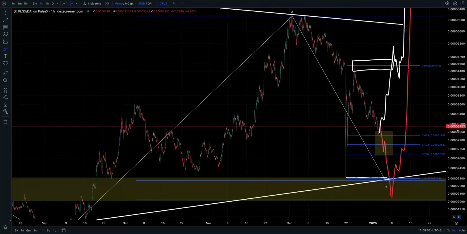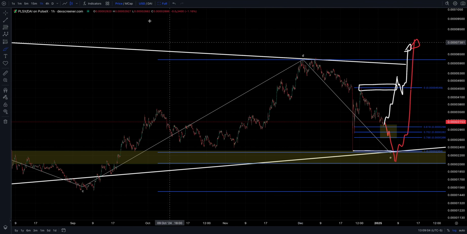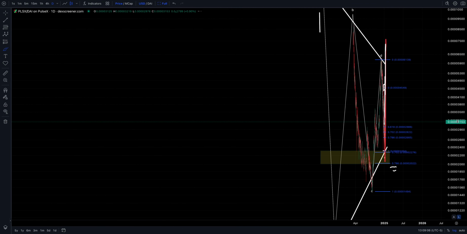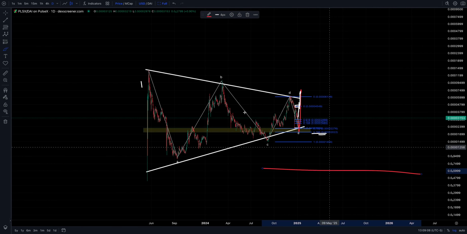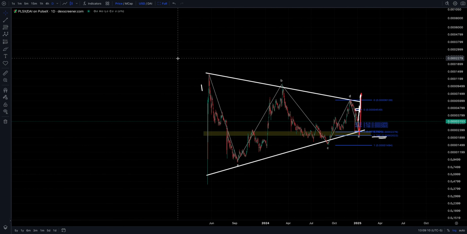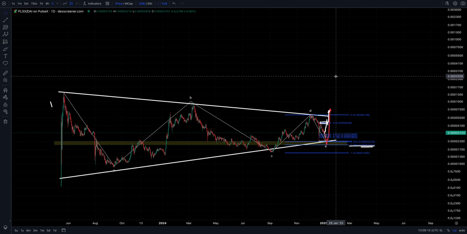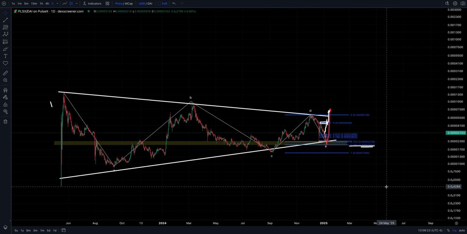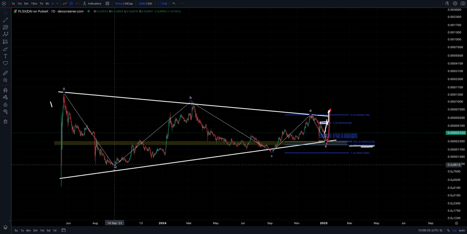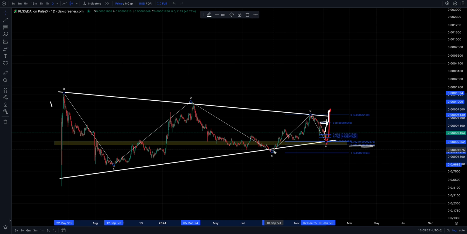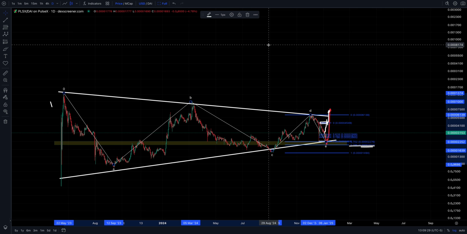I feel like market makers are accumulating here for the anticipation of that final push to the upside for altcoins. And I think if we do blast off here, it's going to be one straight line up, considering where Bitcoin dominance is. I think Bitcoin dominance is definitely topped out, and all the altcoins are waking up.